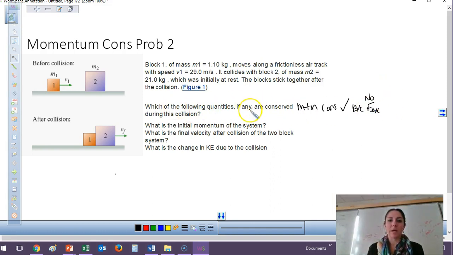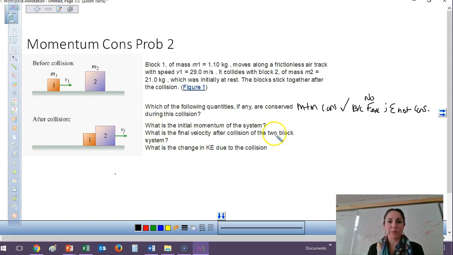And then next, I'm making a bold statement. I'll verify this, but energy is not conserved. But I'll verify this, okay?